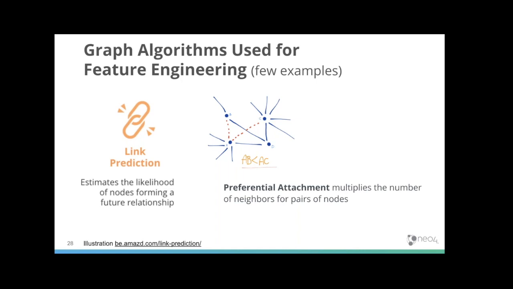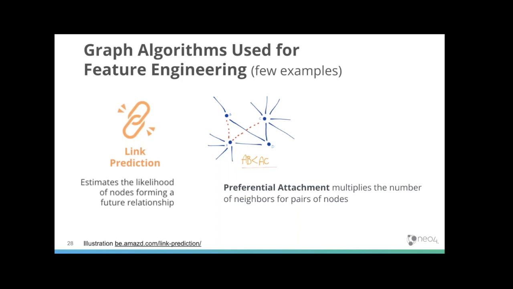Preferential attachment is a common concept in network science, where you're assuming that anything with a lot of connections is more likely to gain more connections in the future. That's the idea of the rich get richer, or the popular get more popular.